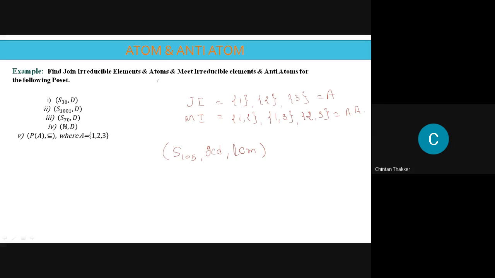Which of the following is not an atom of S105 with GCD and LCM? A is 3, B is 5, C is 15, D is 7. So what is the answer?